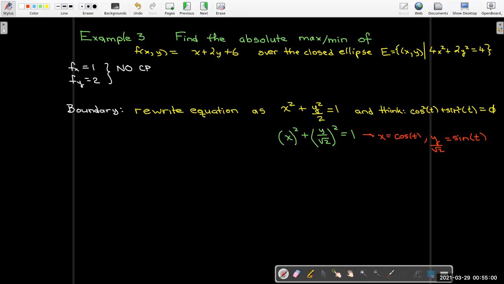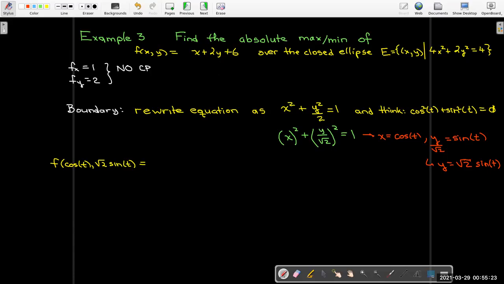And that would mean that y would be radical 2 sine of t. All right, so now replace x with cosine of t, y with radical 2 sine of t.